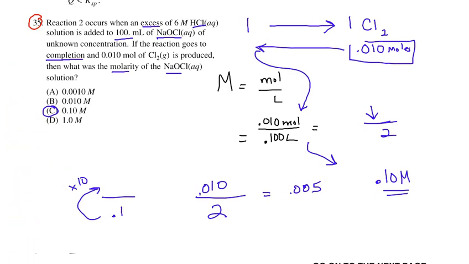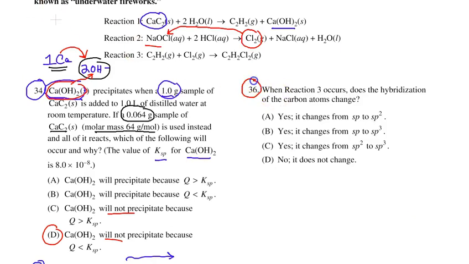So choice 35 is C. Okay, number 36. When reaction 3 occurs, does the hybridization of carbon change? Well, we have C2H2, and if you do the Lewis dot diagram, you'll see it looks like this, and it's linear.